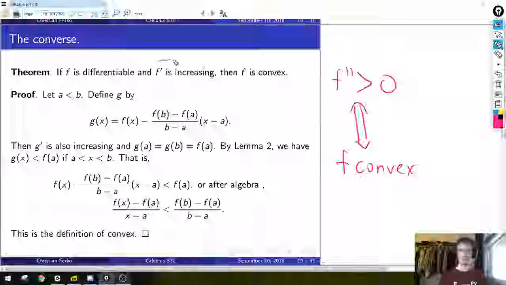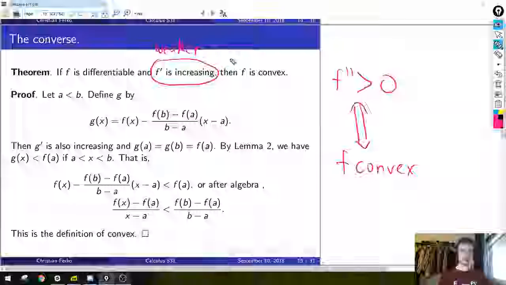Something which I emphasized last time, the reason we stated this as f prime is increasing rather than f double prime is positive is that this is a weaker assumption. Why is this a weaker assumption? Because if f prime is increasing, this can be true even if the second derivative doesn't exist.